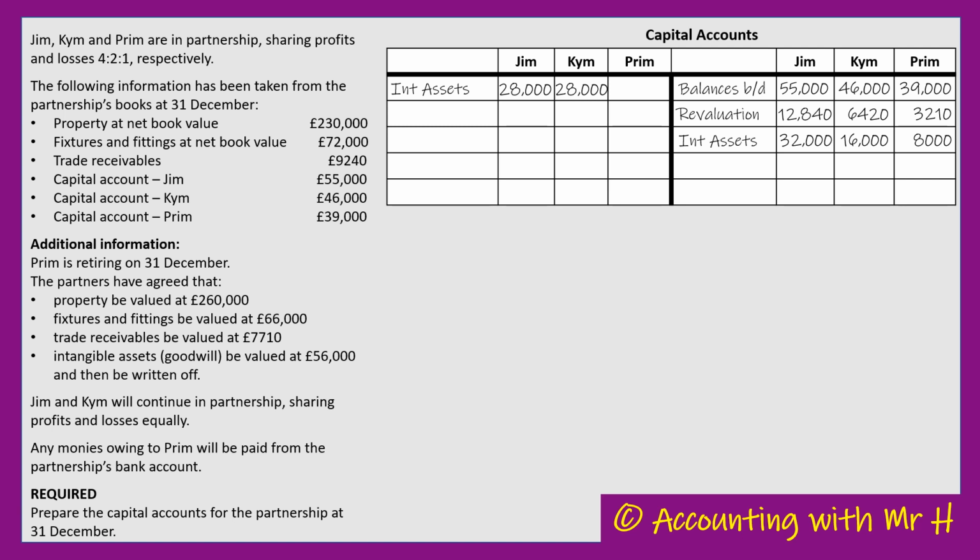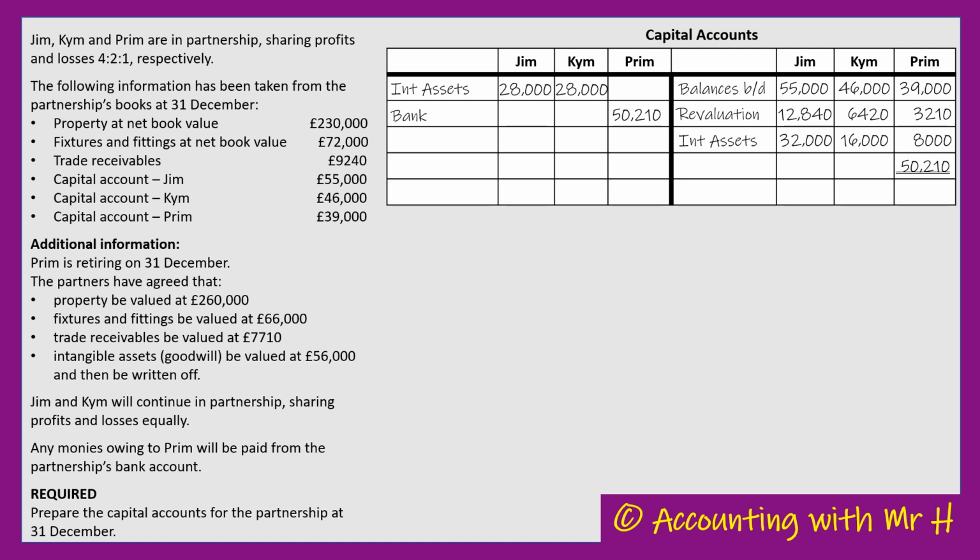So we know then that she's going to, it says, withdraw the money that's owing to her from the bank account. So I'm going to put debit bank as my narrative. I'm going to total up what Prim has got on the credit side, and it comes to £50,210. So there's nothing to take away on the debit side. So she's going to take then £50,210 from the partnership bank account.